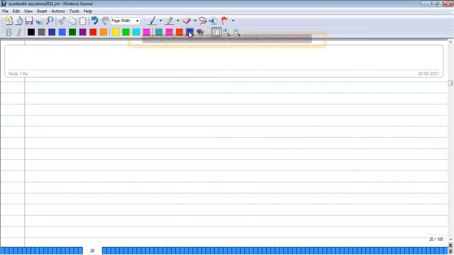So next, the second property. Let's have a discussion on the second property now.